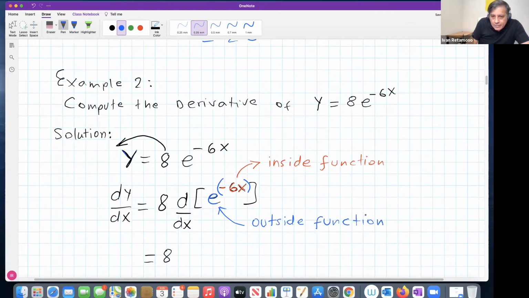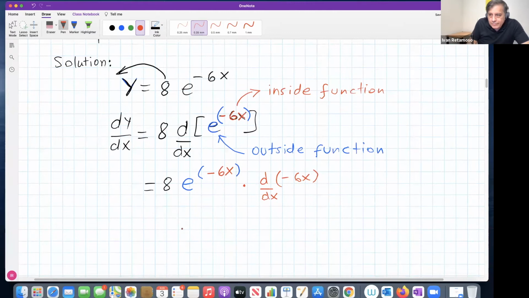Outside function. Very good. Okay, so now start by taking the derivative of the outside function, e raised to something. That is basically itself, right? But remember, the chain rule says here you must keep the inside function, not x, but negative 6x, right? And then you multiply this by the derivative of your inside function, right?